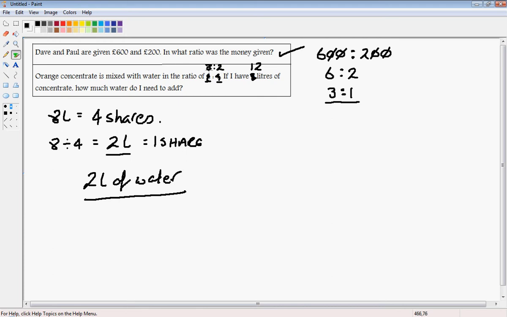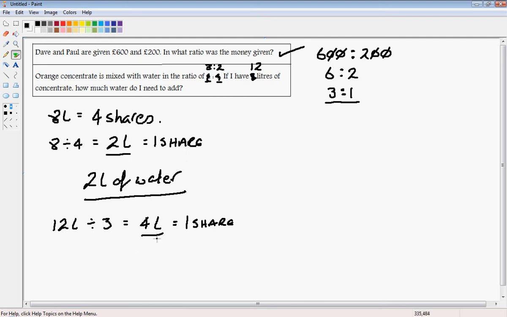Now the orange concentrate is 3 shares, and we have 12 litres of this. So again, 12 litres divided by the number of shares, which is 3 on this occasion, gives me 4 litres. So this is 1 share.